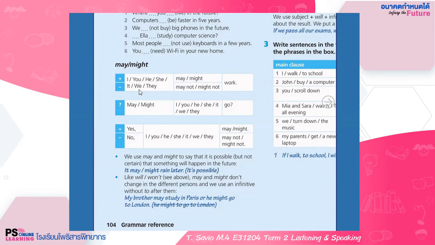The negative form of it would be it may not work. So when we are talking about some idea or using a new gadget, it may not work. If we are talking about us, we may not work, meaning we might decide not to go to work because of something that is disrupting work.